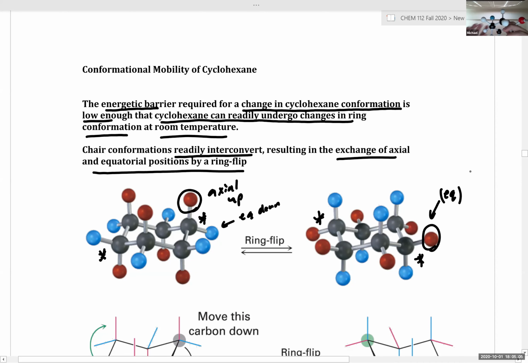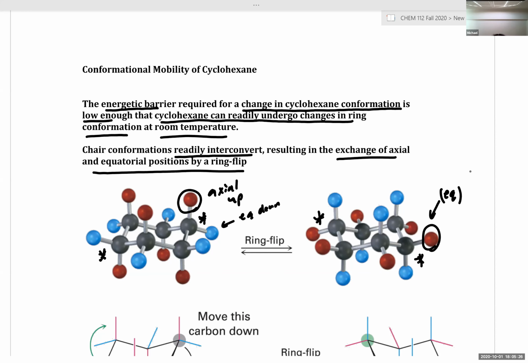And now my question to you is, this hydrogen, when it's equatorial, is it still pointing up? Yes.